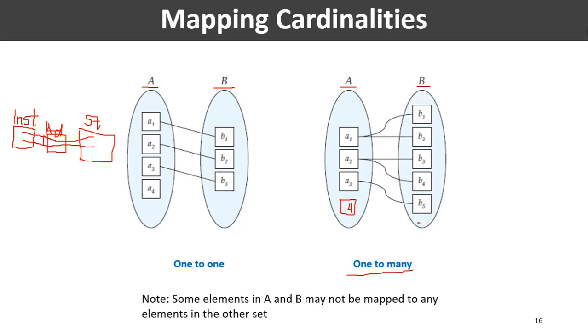This is what we mean by any number of entities in B. So an entity in A is associated with any number of entities in B, including 0.